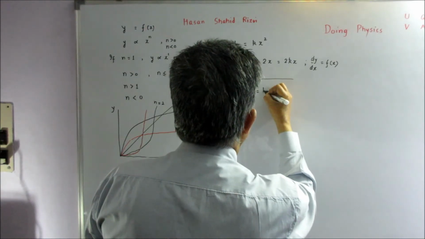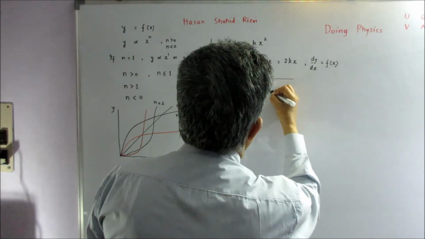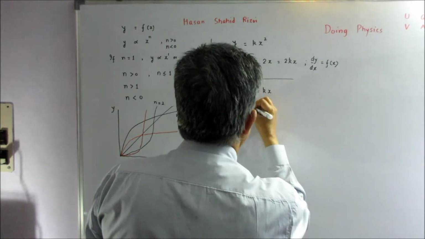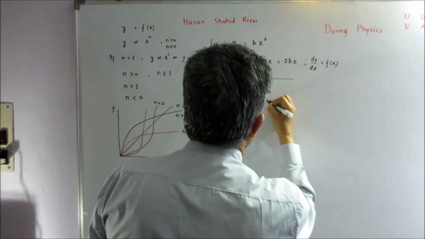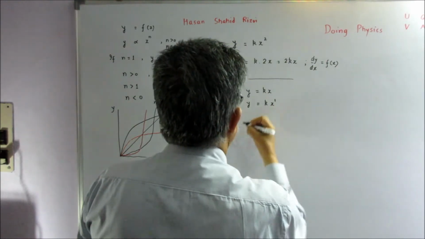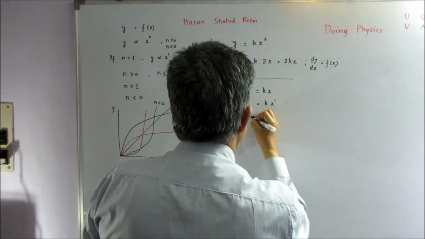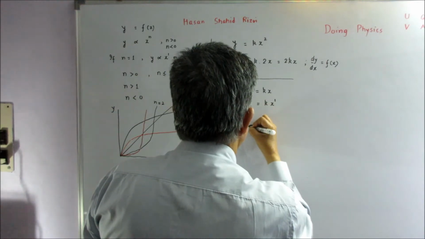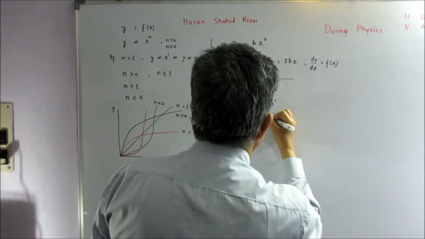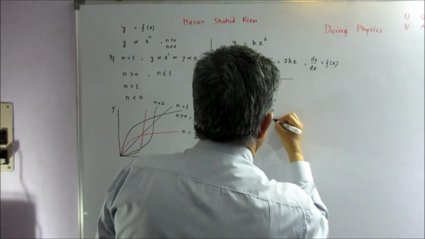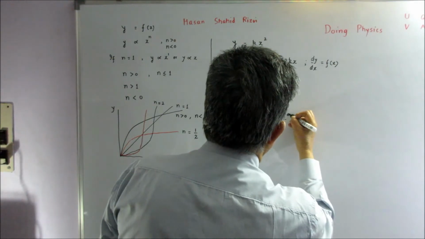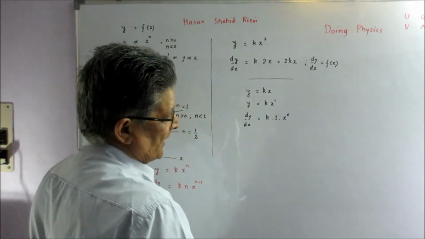Y is equal to kx, that is y is equal to, if the formula is used, kx to the power of 1, and therefore dy dx, the differential, this will turn out to be k is a constant, multiplied by 1, multiplied by x to the power of 0, which is 1 again.